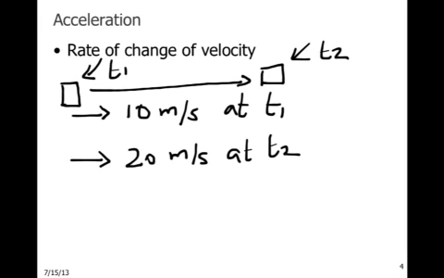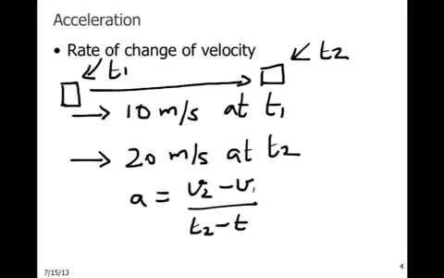So the velocity of the object itself has changed over time. When we say acceleration is the rate of change of velocity, acceleration is represented by a, we are saying that acceleration is v2 minus v1 over t2 minus t1.